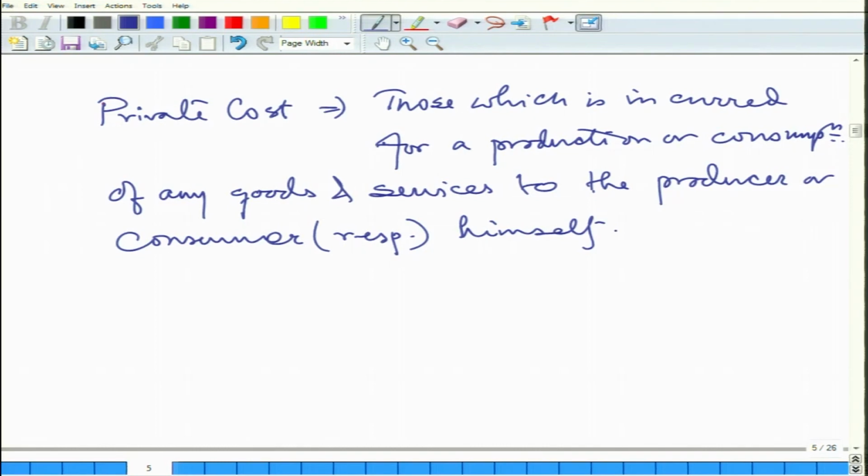Yes, so the private cost is that cost which is incurred for the production or consumption of any particular goods and services by the producer or consumer himself.